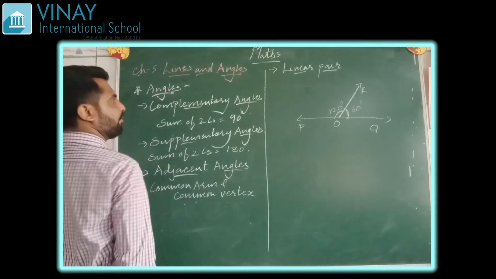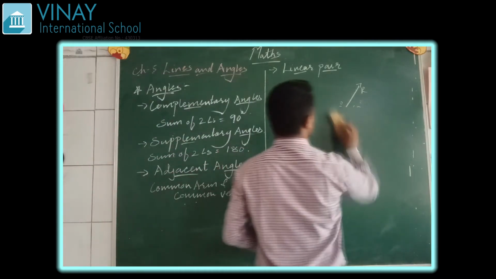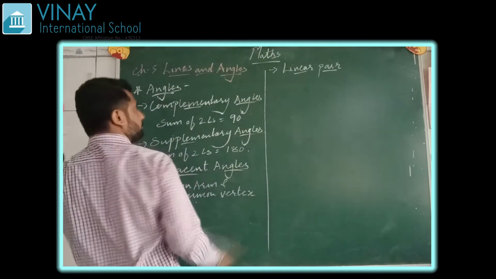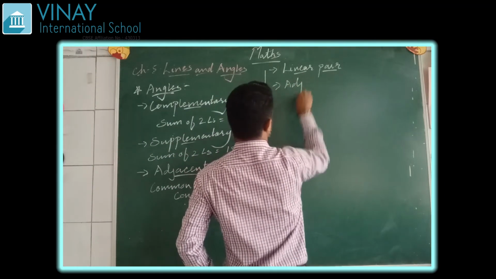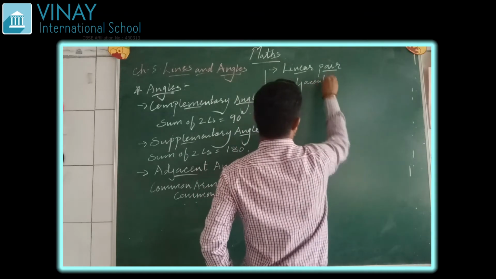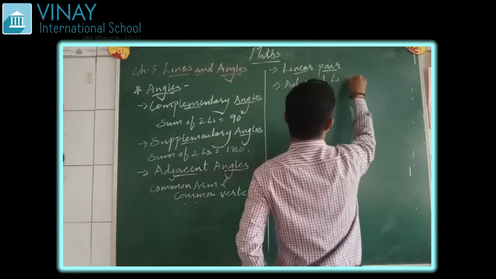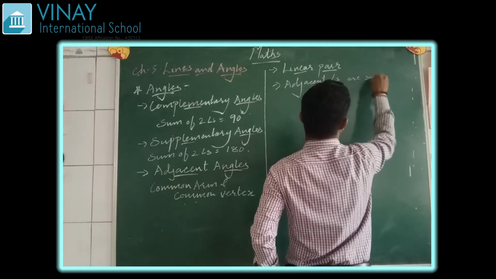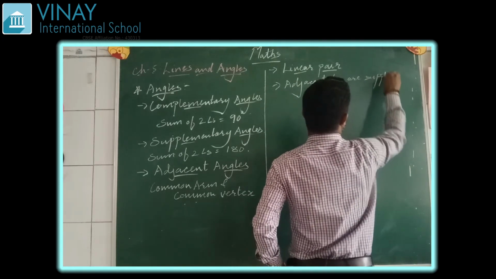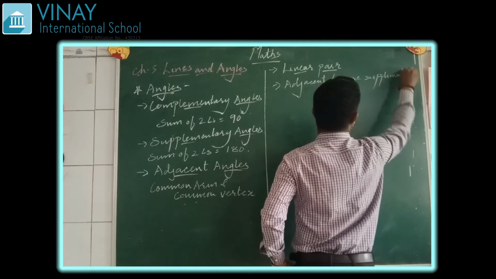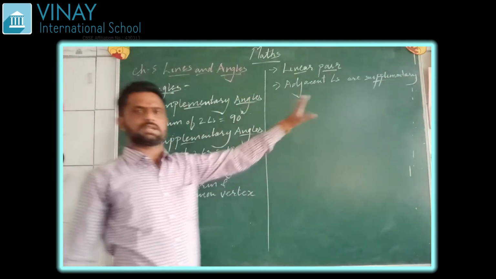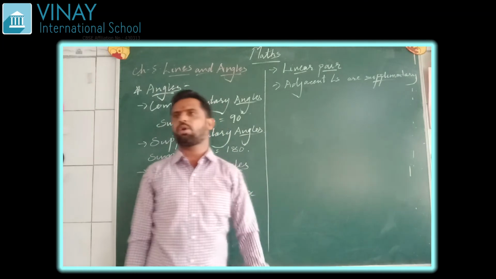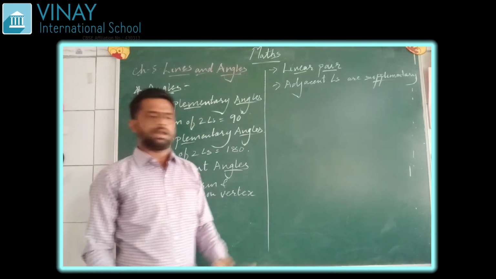So the definition for linear pair is: if two adjacent angles are supplementary, then they are known as a linear pair.